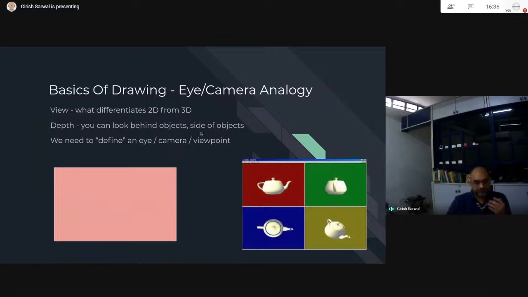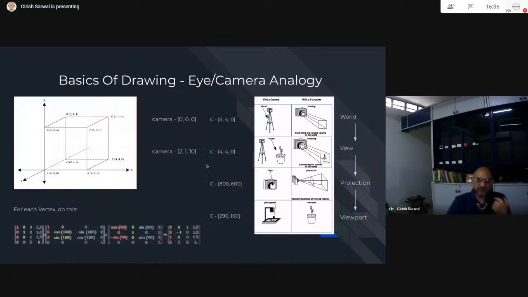So when we are working with 3D, there is an important concept of a camera or a viewpoint that comes into play, and essentially this camera or viewpoint is also nothing but a mathematical calculation. You really don't have to remember how that calculation works, but when you're writing a shader for yourself, you would have to understand how that calculation works, so you can really simulate that calculation using a shader.